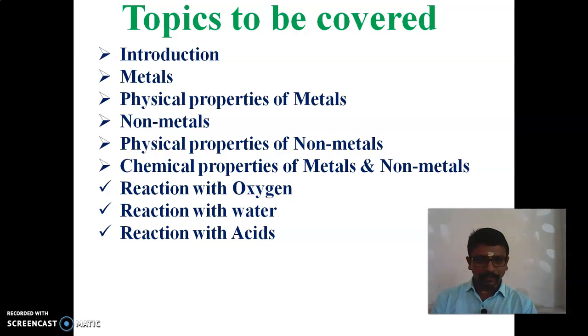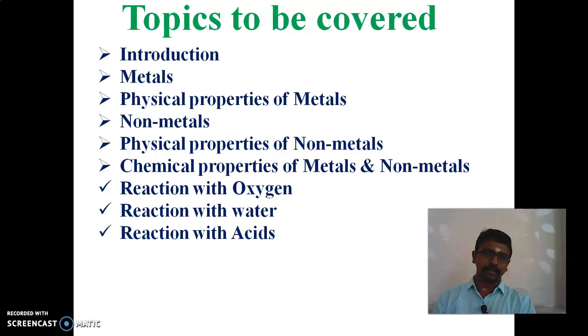And next, reaction with acids. What happens when metals and non-metals react with acids? Acids means, when we add water to an acid, it will ionize as H plus ions, and the taste of an acid is sour.